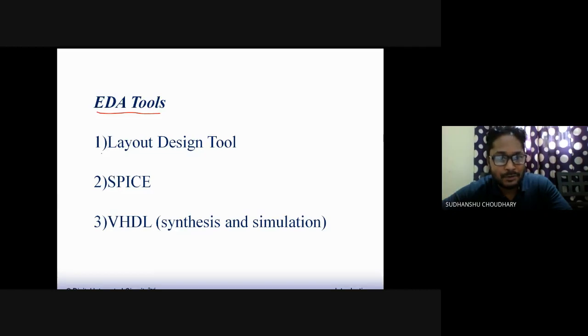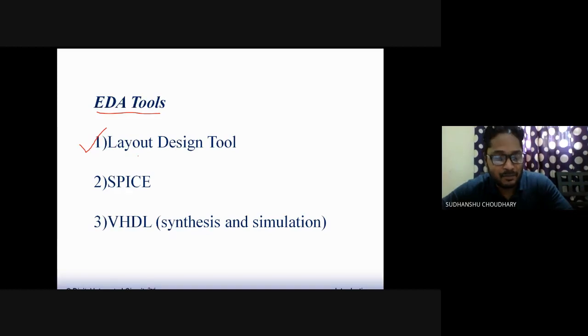So the first tool that you would see, I'll in fact give you the student version of these tools. I have some old copies of the student version of these tools, so I'll share them with you. Number one is a backend tool which is called a layout design tool, right? So you will make the layouts of your digital IC, whatever circuit you want to fabricate. For that circuit, you are required to draw the layout, right?